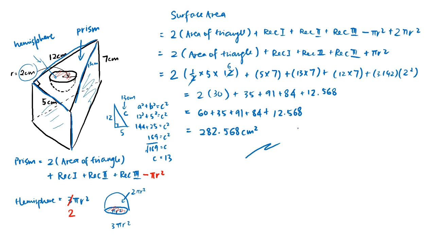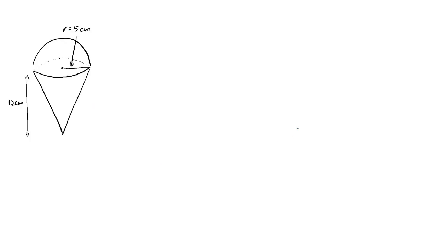Okay, 最后一题，这题注意啊。Okay, so this is your hemisphere. Okay, hemisphere. And this is a cone. Okay, given that the radius is 5 cm and the height here is 12 cm.